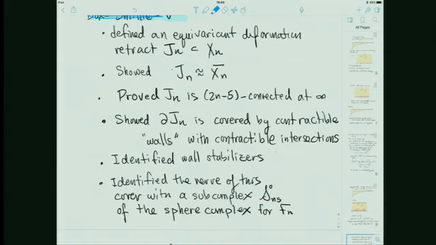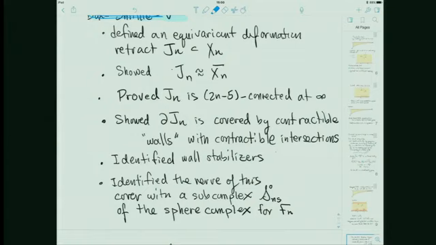So you can look at the nerve of this cover, which is what Borel and Serre did for the symmetric spaces, and they got that the nerve of this cover was Tits building. So we don't get a Tits building. But the nerve of the cover we can identify with a subcomplex of a complex of spheres inside of a certain 3-manifold.